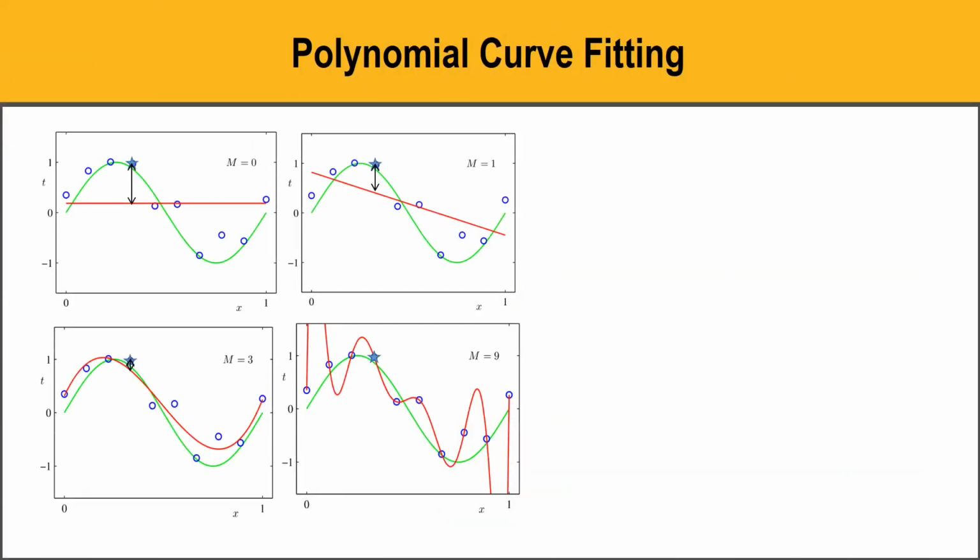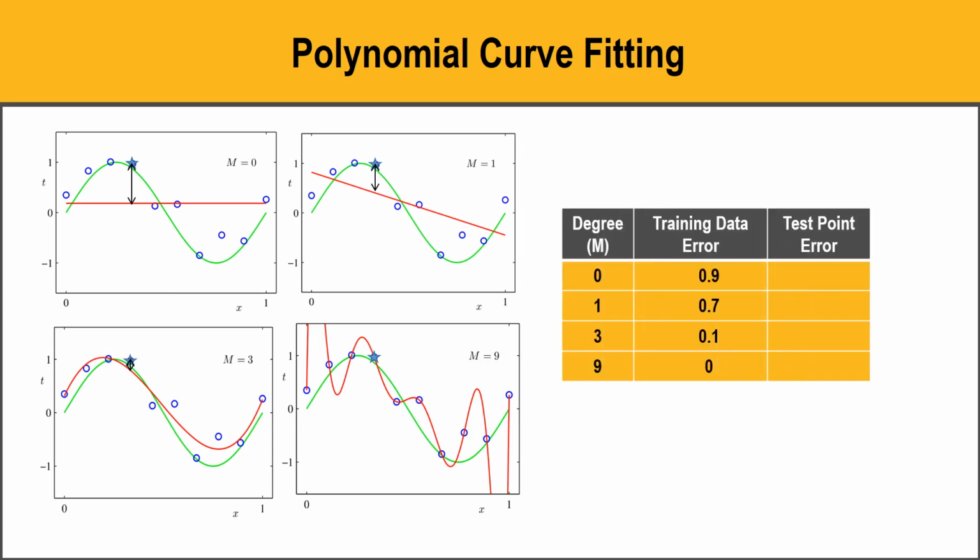In this case, now we are going to see the training error. Let us imagine a point shown by a blue star here, which is already existing, that is the training data. The blue circles are shown. I am taking one of the same points. For degree m equal to 0, in the table you can see the training data error is 0.9.